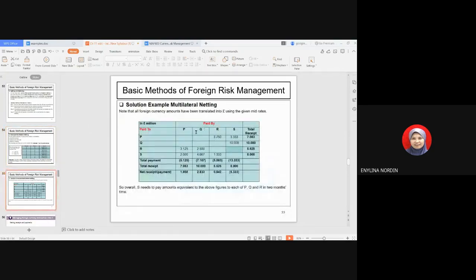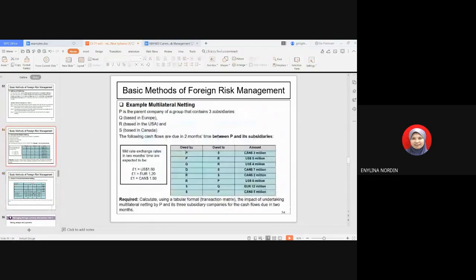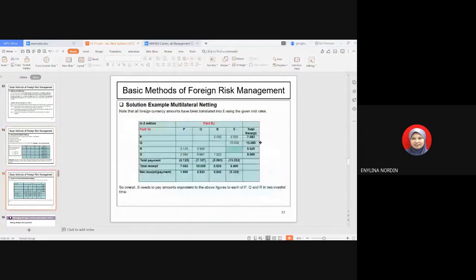Right, now we want to total up the amounts received by the parent, which is 7.083 million pound. So you do it horizontally. This is the amount that P received, and this is the amount received by the subsidiary in Q, in Europe. We do it horizontally.